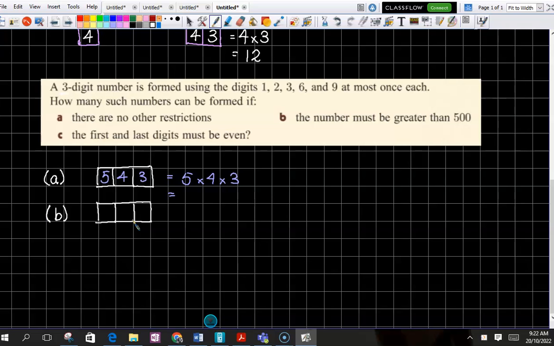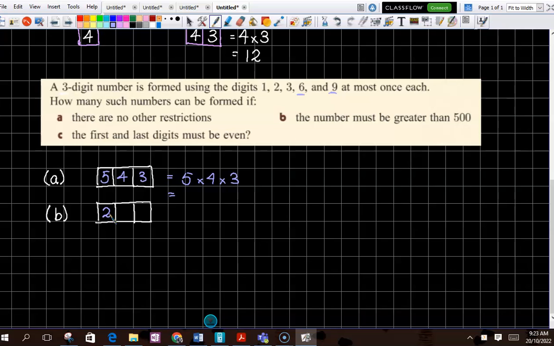Yeah, you've got a restriction on the first digit that you can choose from. So if it's got to be greater than 500, then as Karen said, you can only use the 6 and the 9. So you've now only got a choice of 2. Right? So now, how many for the second position?